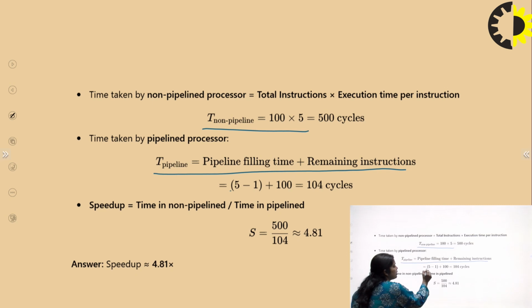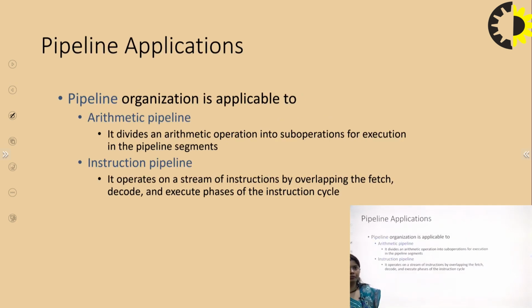So, 4 plus 100, because 100 tasks will be taken, so 104 cycles will be there. And the speed up ratio is non-pipeline upon pipeline. Non-pipeline takes 500 and the pipeline has 104, so the speed up ratio is 4.81.